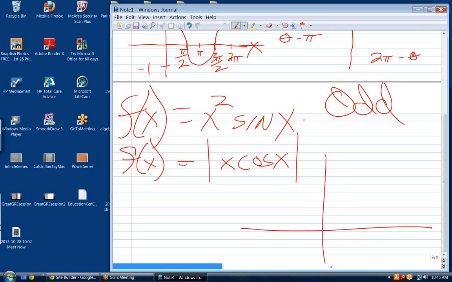Is that odd or even? I think in this case it would be odd. Even. The absolute value is only on the first x. Well, just a second. First of all, the other definition for odd and even is that an even function is symmetrical about the y-axis, and an odd function is symmetrical about the origin.